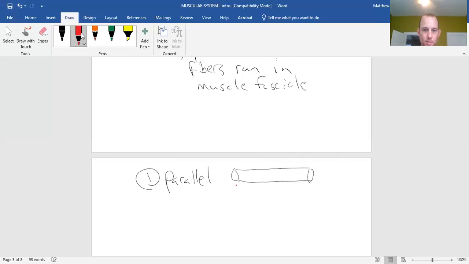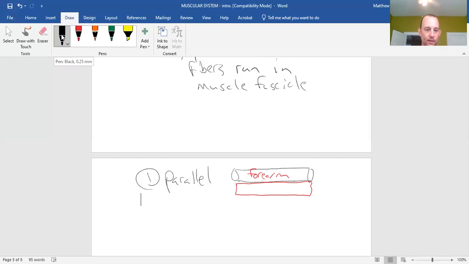So if this is the bone and then you have a muscle, if the muscle and its muscle fibers run parallel with the bone, then that gives you a parallel architecture. Many of the muscles of your forearm, those extensors and flexors, if you've started learning those, have that parallel architecture.